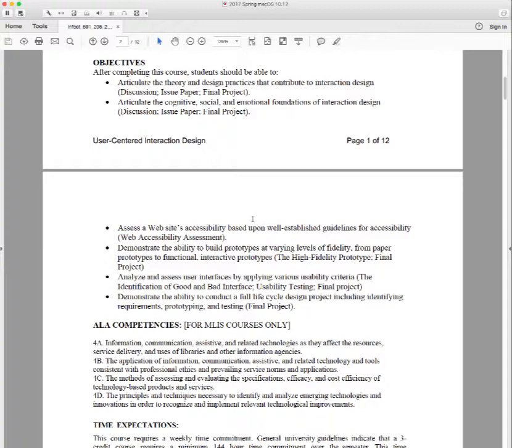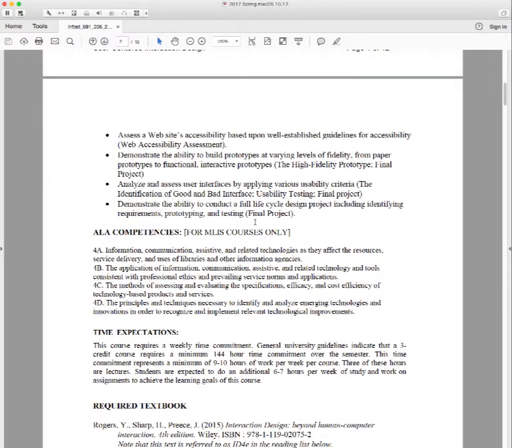We have a section for ALA competencies. Because this is a course that we offer in the MLIS program, it's important for us to demonstrate how the course relates to the ALA competencies, and I'll leave those for you to read.